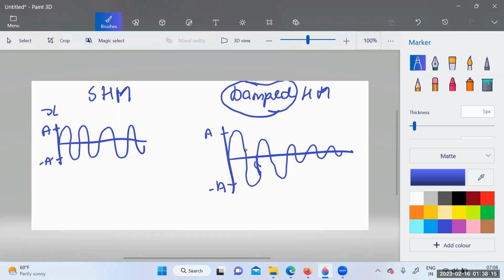Creating that sort of ideal situation is possible, but you don't actually see it in day-to-day activities. They form it usually for laboratory purposes only. So let's look at the applications of damped harmonic motion.